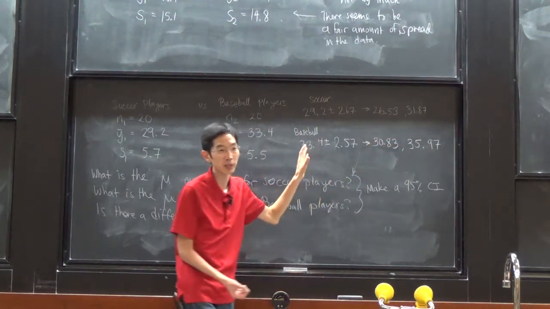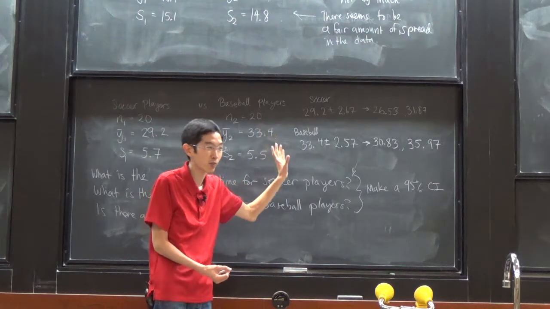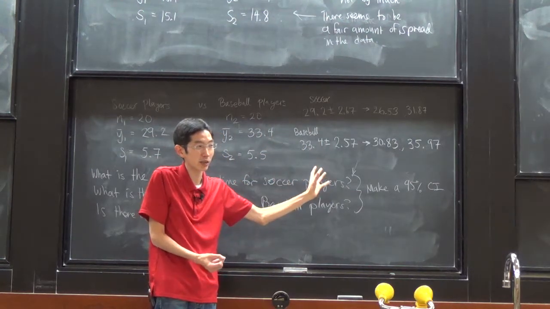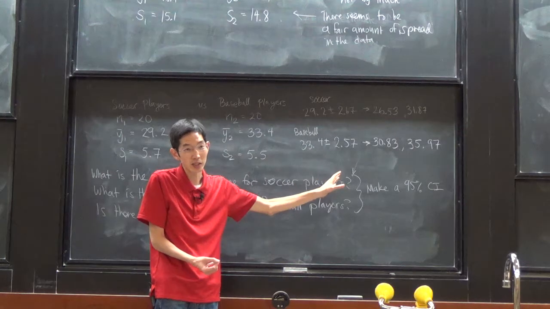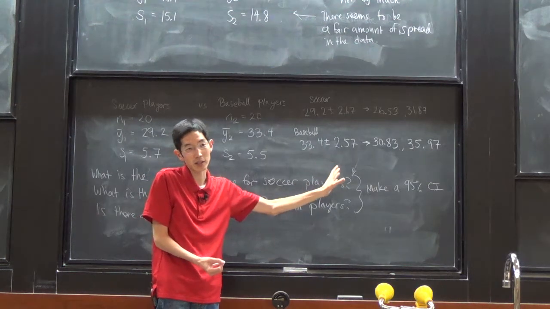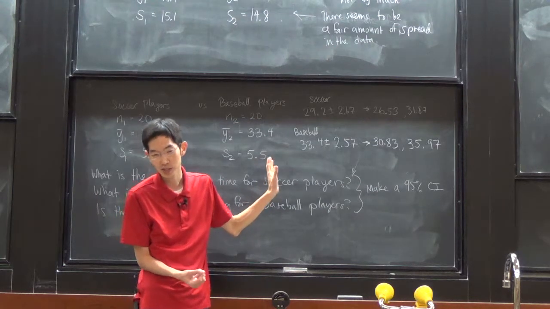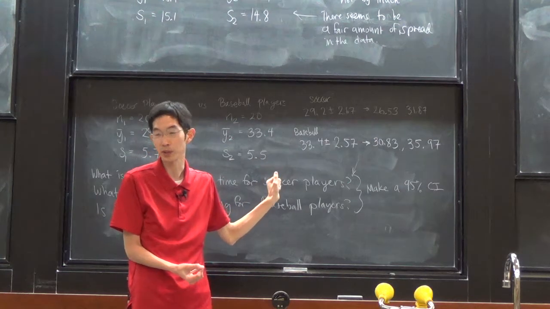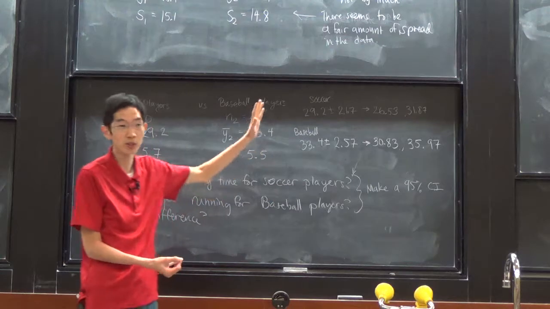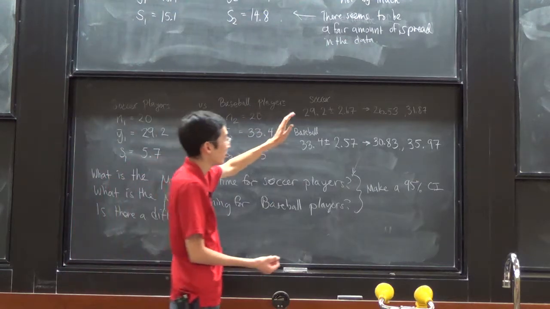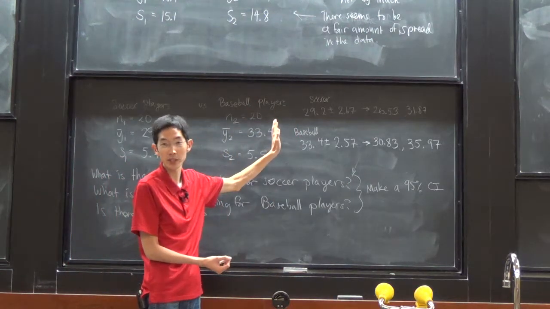And then for the baseball players, our sample would have to have been a sample where the baseball players happened to be higher than the true mean value of baseball player runners. Okay, that's the only way that could happen for our data to show up like this.